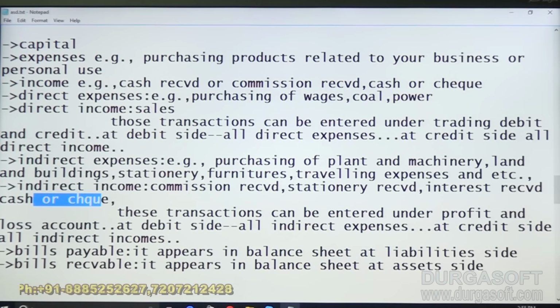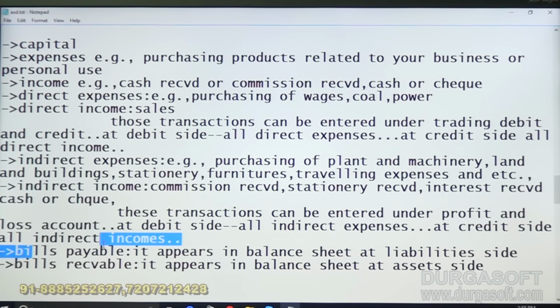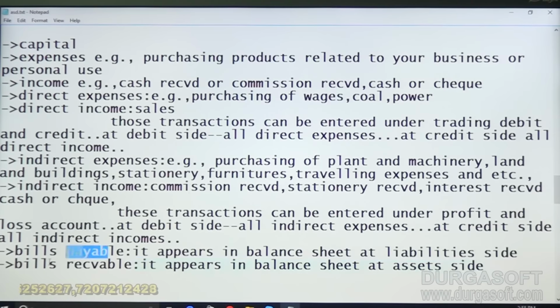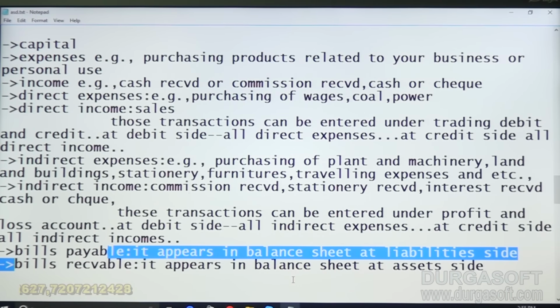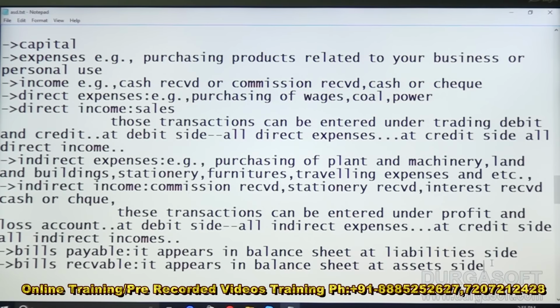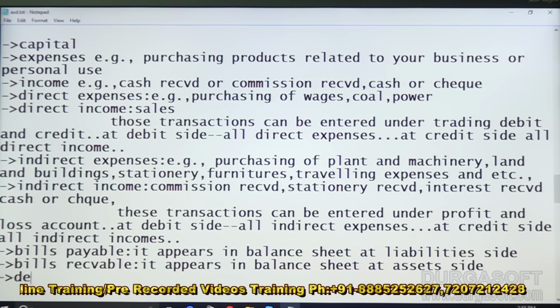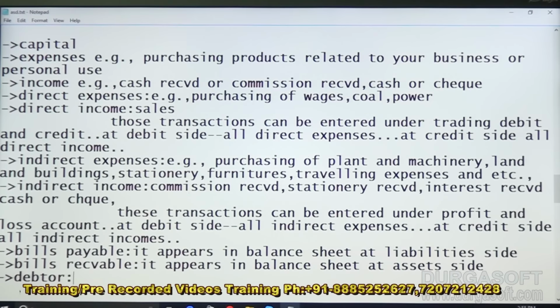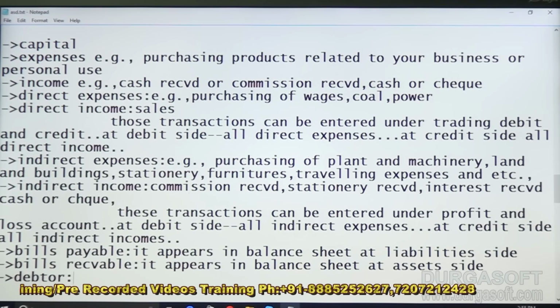So now we can see bills payable and also bills receivable. Bills payable appears under the balance sheet on the liabilities side, and bills receivable appears under the balance sheet on the asset side. And here we can see debitor. In accounts, the debitor we call a sundry debitor.